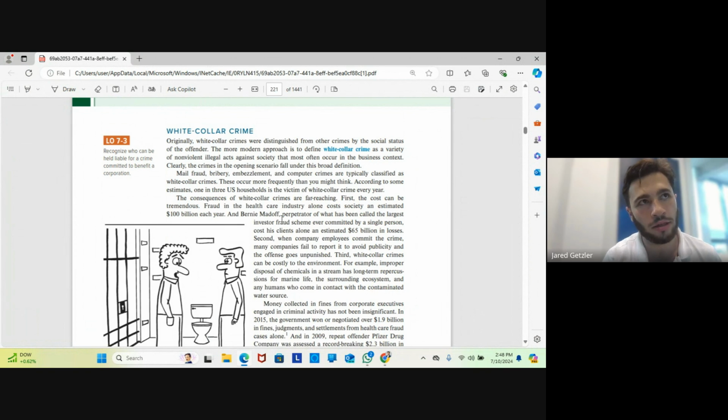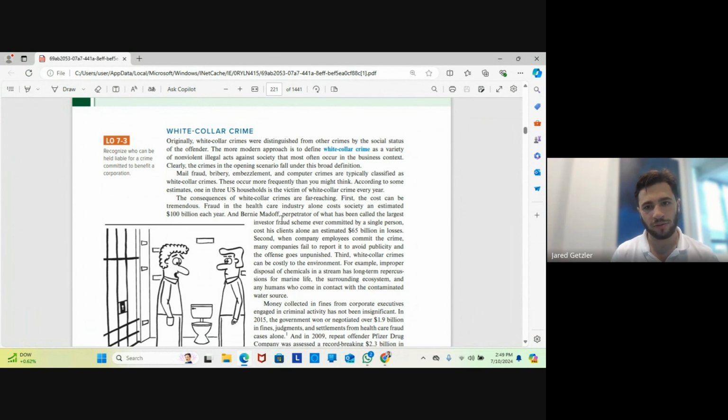So they would buy the stock and then generate hype for the stock and have a bunch of people buy it. This would result in the stock going up. Then once the stock reached the price that they believed would be its highest, they would sell the stock and the stock price would plummet because so many shares were out. This was not allowed and is known as securities fraud. So that would be an example of white collar crime.